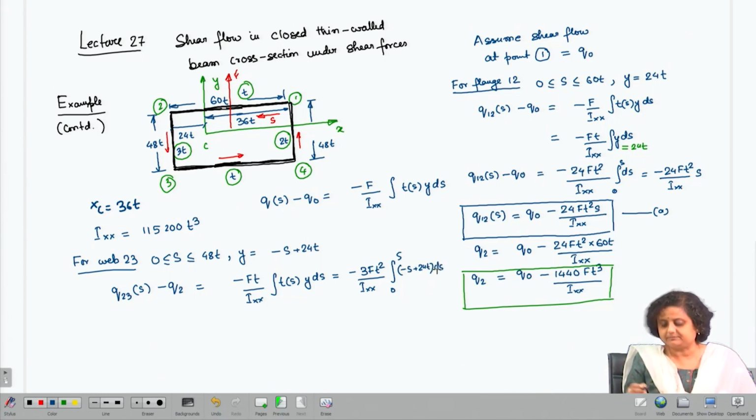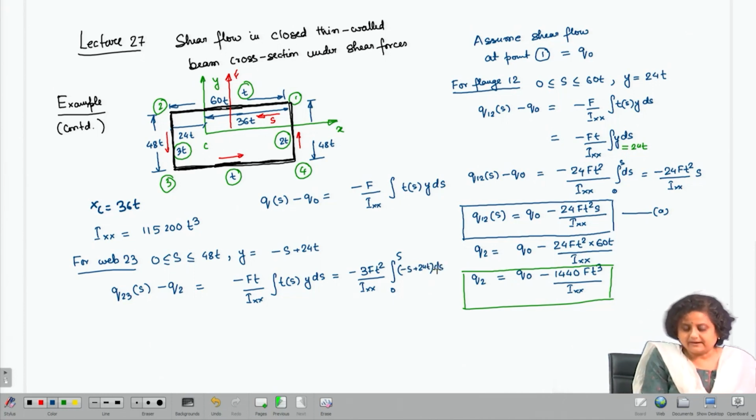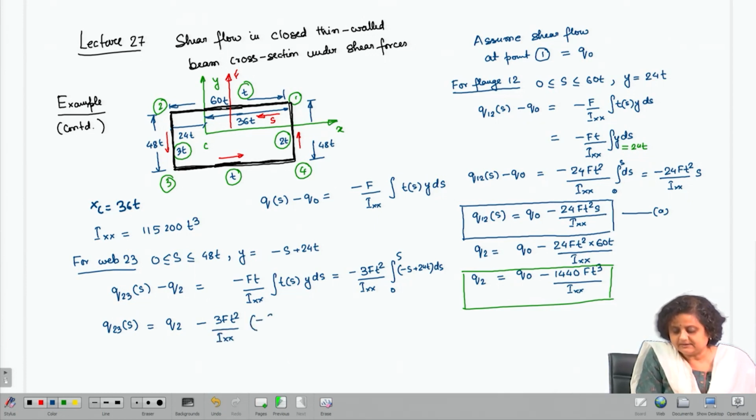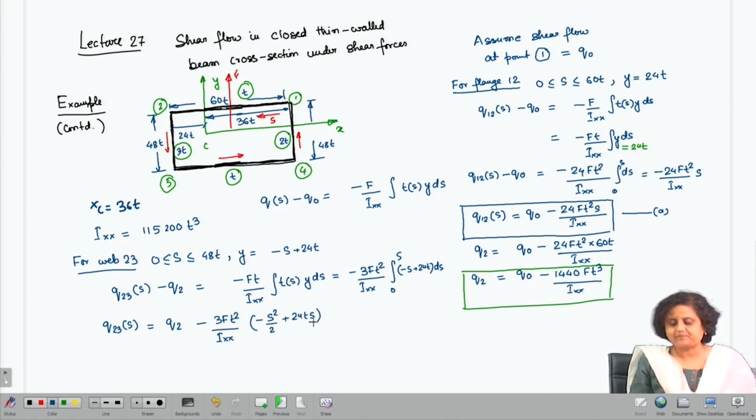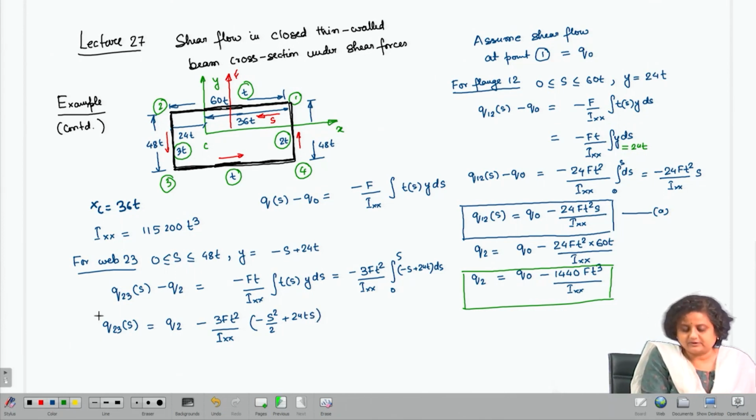If we evaluate this, Q23S is going to be Q2 minus 3F t square by Ixx times minus s square by 2 plus 24 t s. So, this is the second expression that we get.